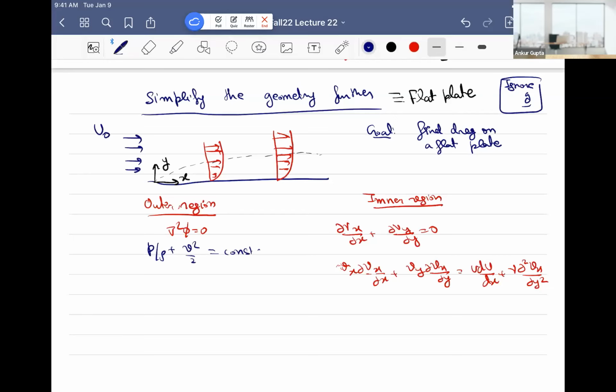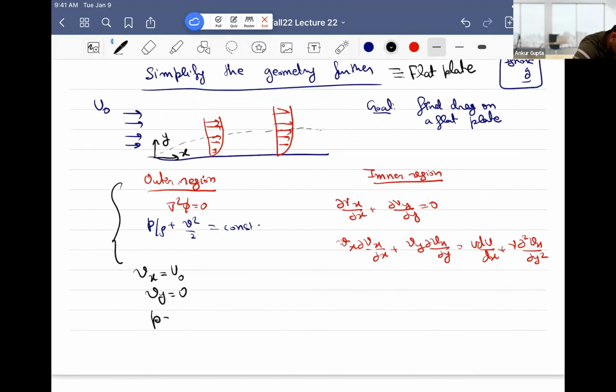So I hope you can all agree that simply this will mean that Vx is u naught and Vy is 0, and P is some constant. It could be 0. You can simply solve this, and you can see that this will satisfy your equations and the boundary conditions too, because it is just constant everywhere.